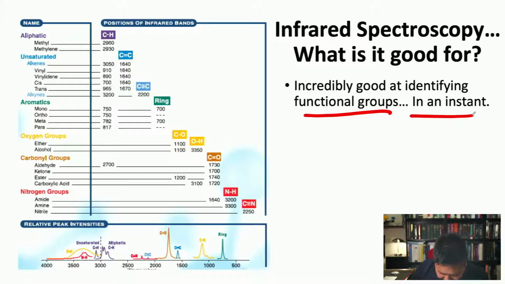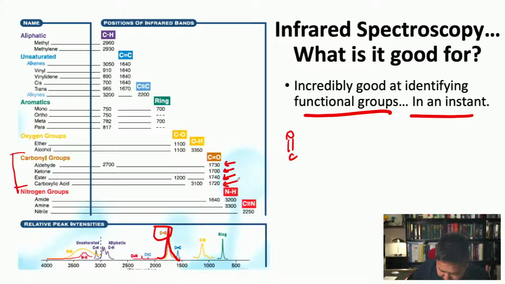One of the things that everybody knows is that this peak here at 1700 always corresponds to a carbonyl, some kind of carbonyl compound. An aldehyde is at 1730, a ketone is at 1700, an ester is at 1740, and a carboxylic acid is 1720.